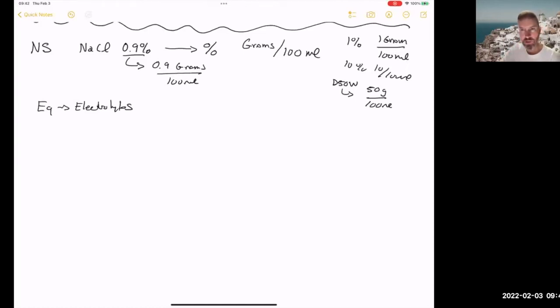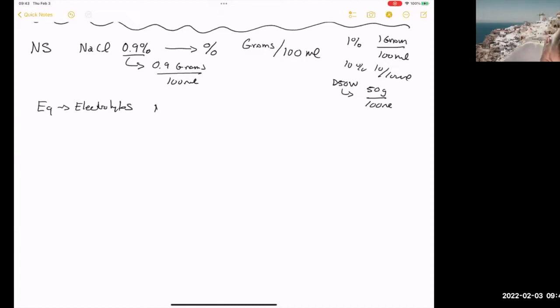And so we measure acid concentration with pH, but other electrolytes we measure with something called an equivalent. An equivalent takes into account two things. It takes into account the electrical charge and the molar concentration.